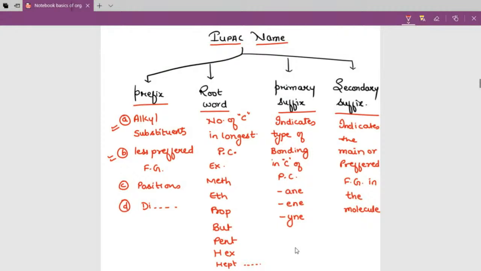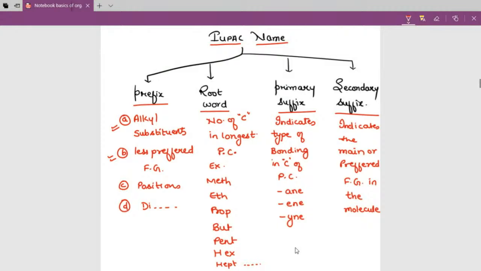I hope a basic outline of IUPAC is created in your mind, that a particular IUPAC name will have 4 parts: prefix, root word, primary suffix, and then the secondary suffix.